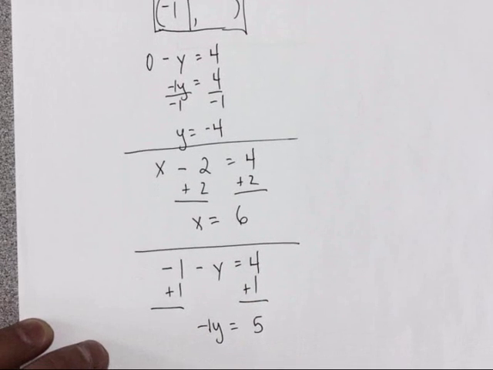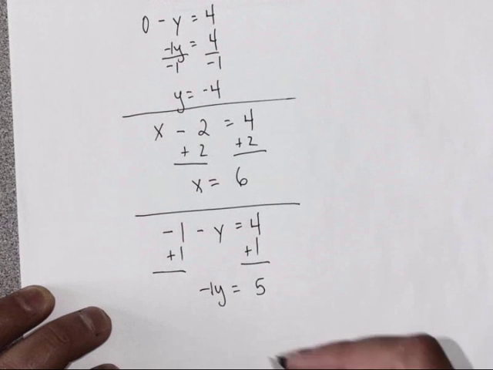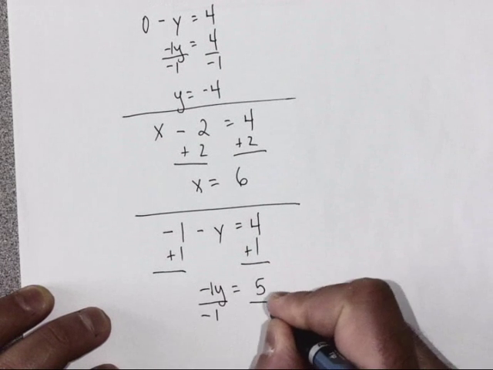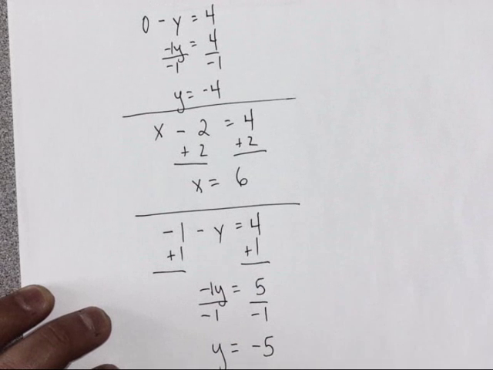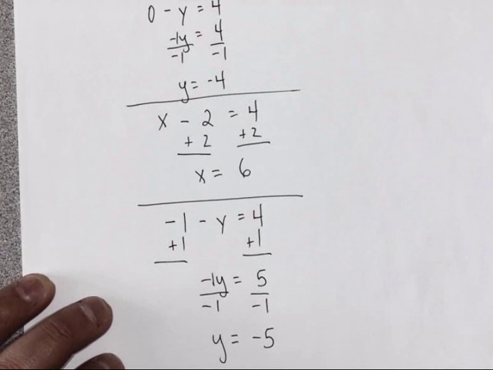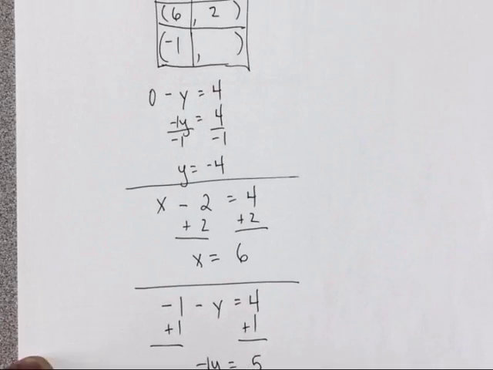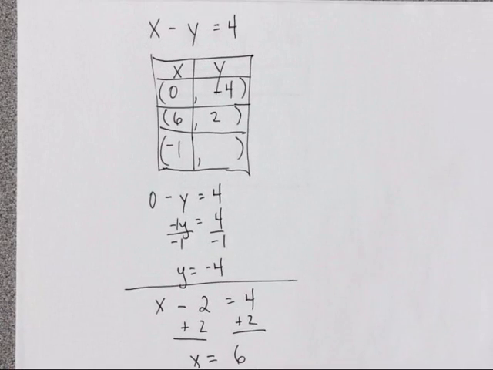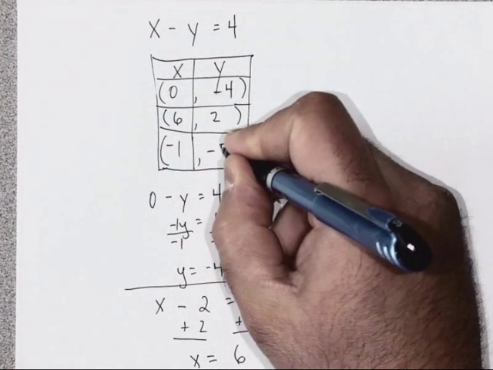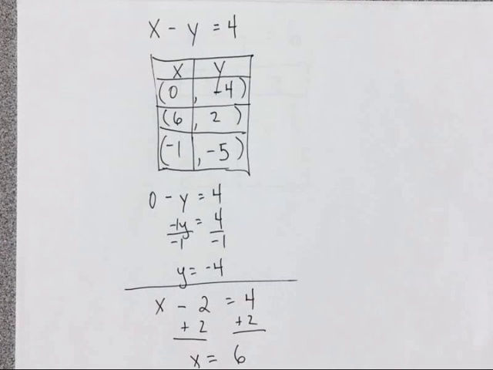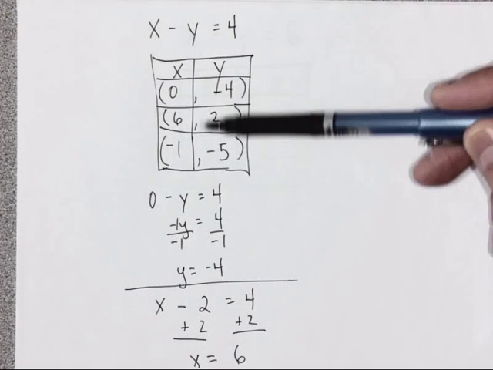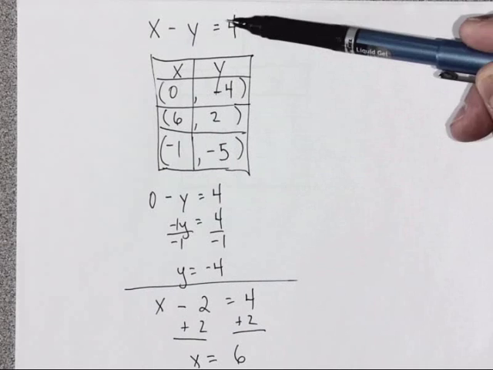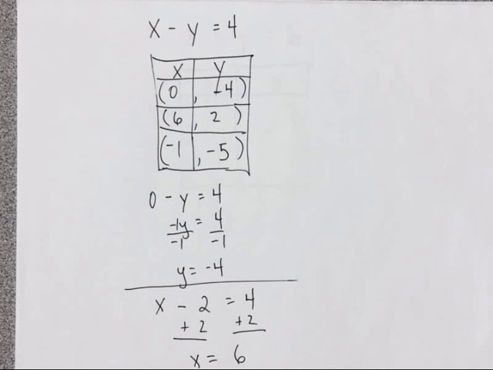So I'm going to divide both sides by negative 1. So that gives me y equals negative 5. So that completes the ordered pair. So what that tells me is that all three of these points, all three of these ordered pairs, lie on the graph of this linear equation.